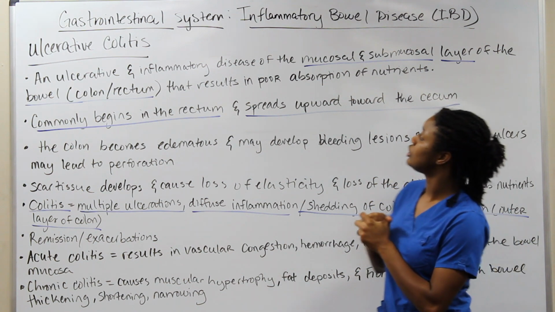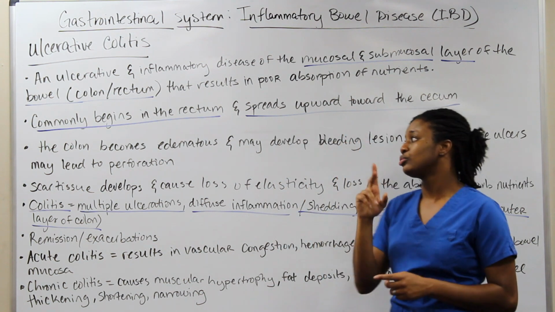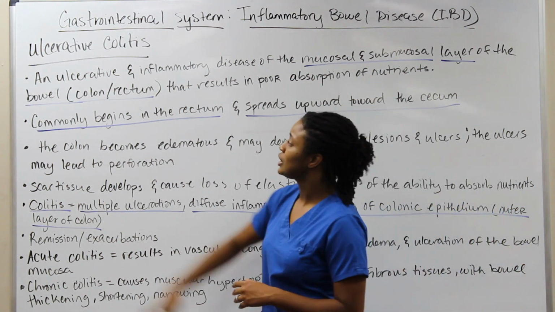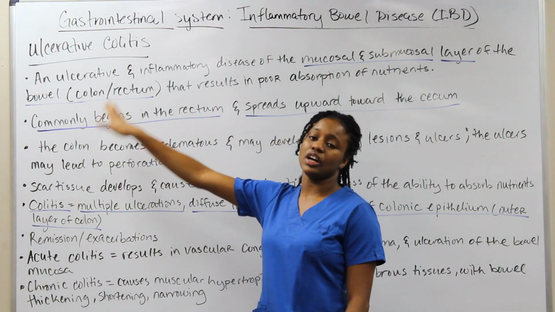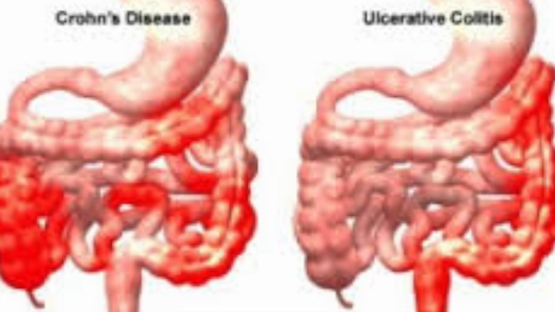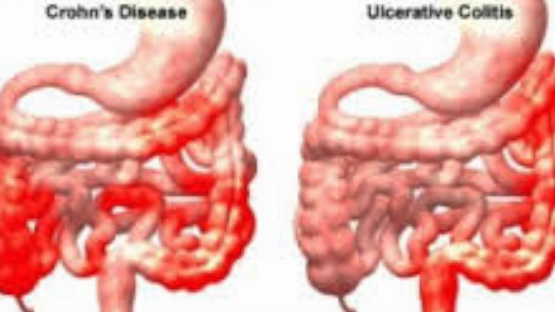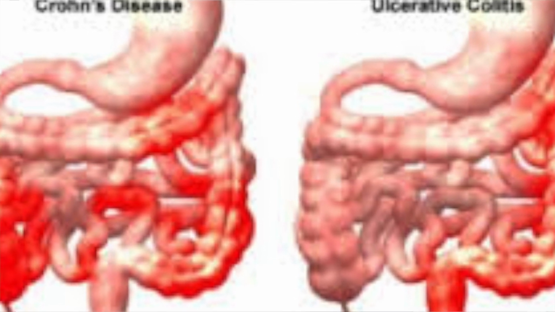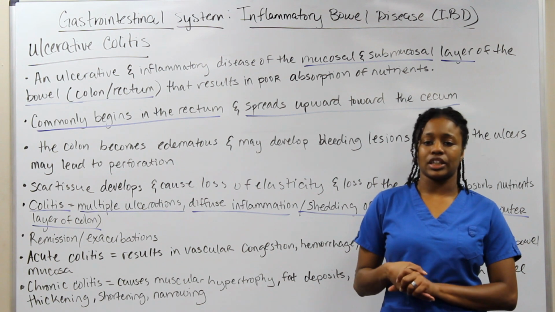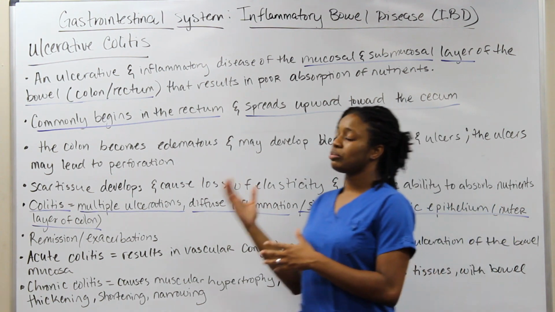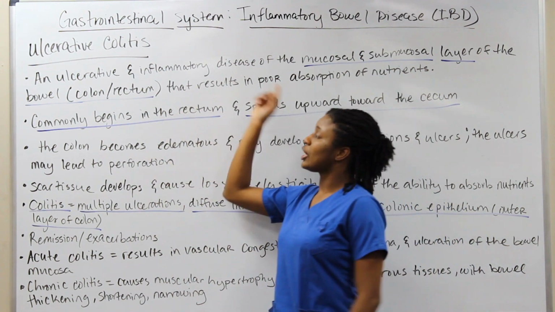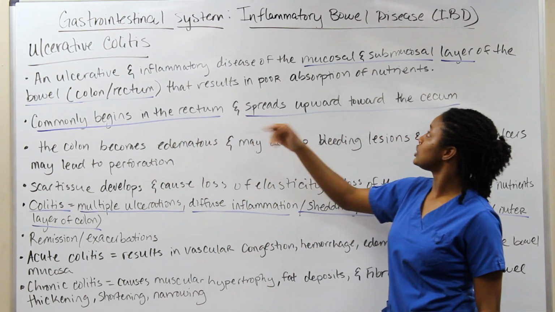So these are going to affect the first 2. That can eventually lead to more and more bleeding, but it's going to happen in the bowels, the colon and the rectum area. Whereas Crohn's disease happens anywhere within the GI tract, but more particularly to the right side, the beginning part of the actual colon, where this one begins on the left side towards the ending. And it can work its way up to the cecum area.